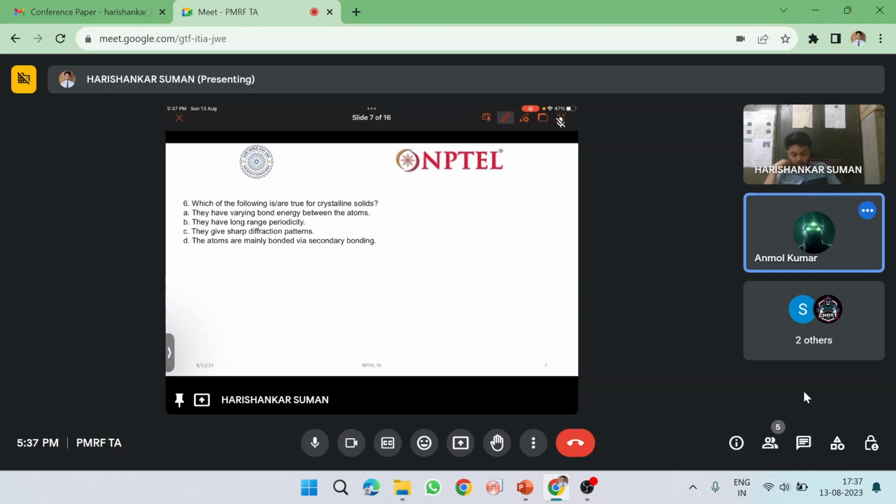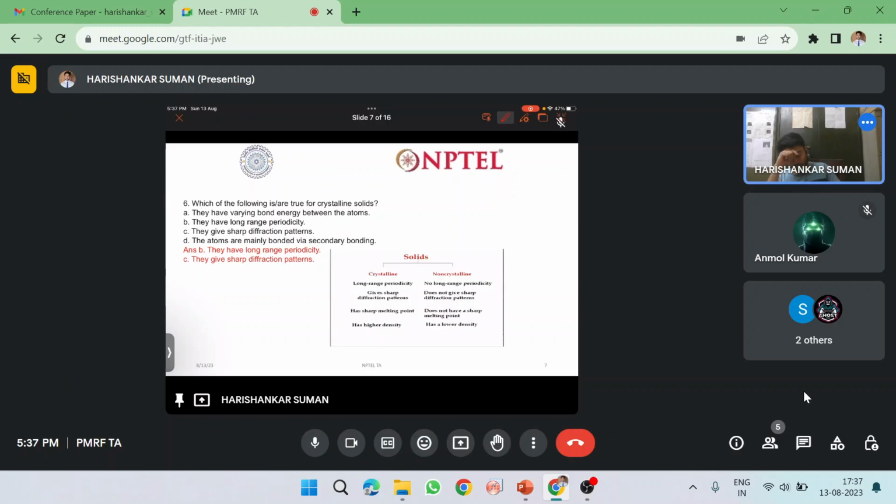B and C. They have long range periodicity and a sharp diffraction pattern. If non-crystalline, they don't give a sharp diffraction pattern and have no long range periodicity. Another point: crystalline solids have a sharp melting point and higher density, while non-crystalline have lower density and lower melting point. Please remember.